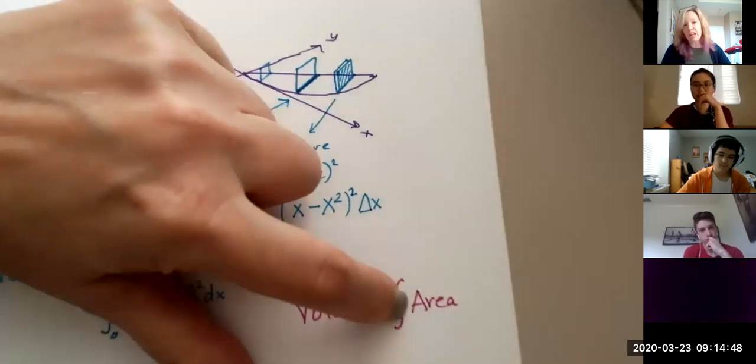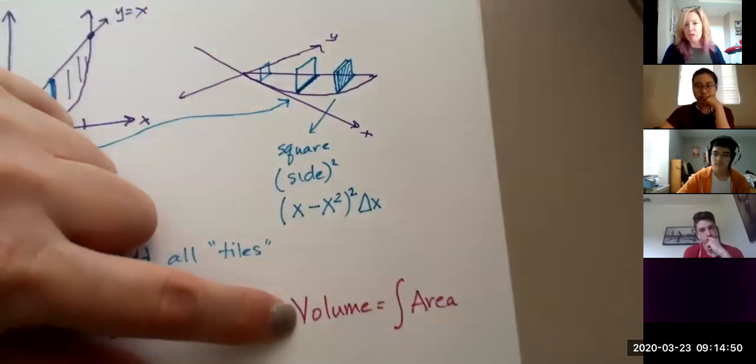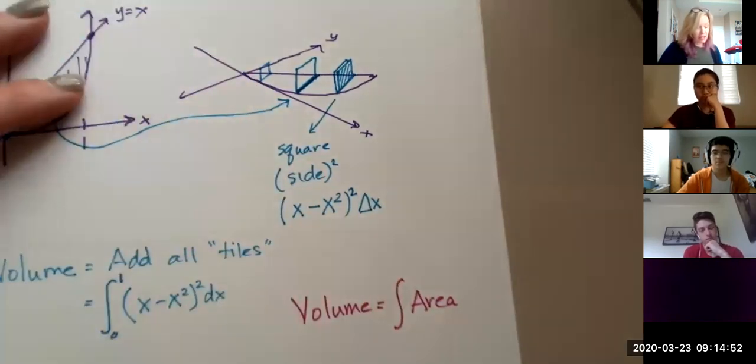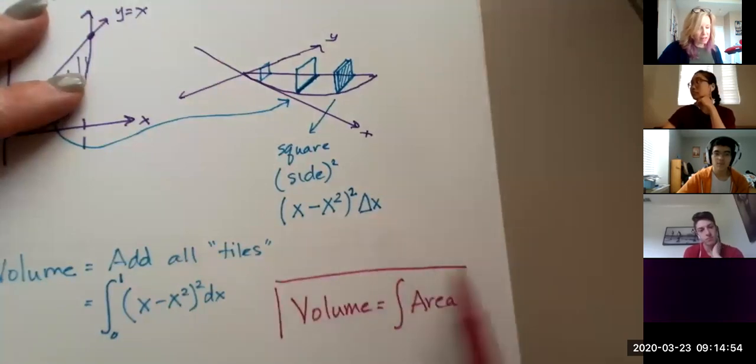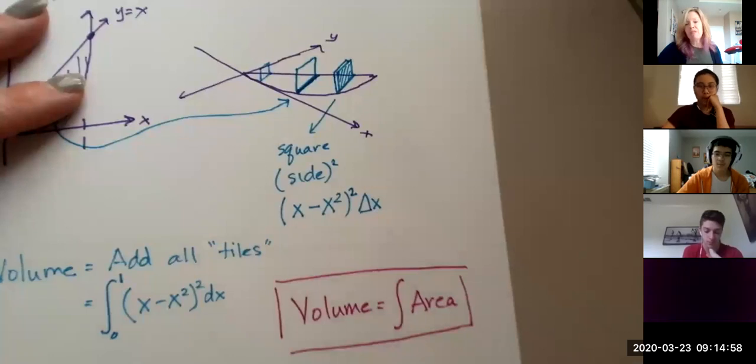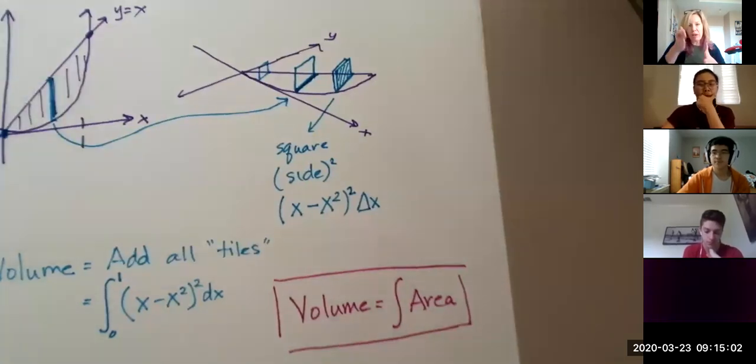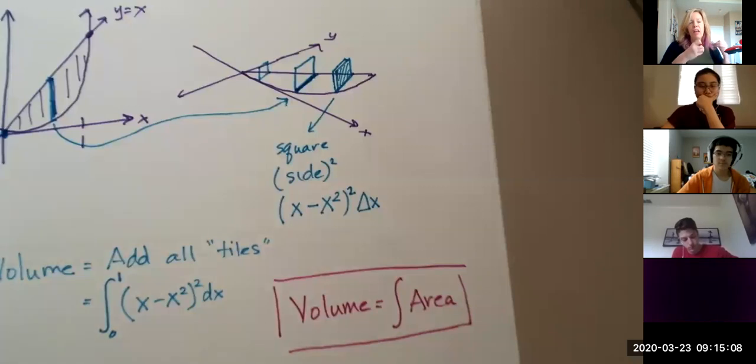And when I integrate area, what I'm left with is the total volume of that object. So this is kind of our key idea right here in terms of how I find the volume of a three-dimensional object. It's taking the area. If I were to slice it up into those little pieces, how do I find the area of each of those slices? I integrate that area, and what I'm left with is volume.